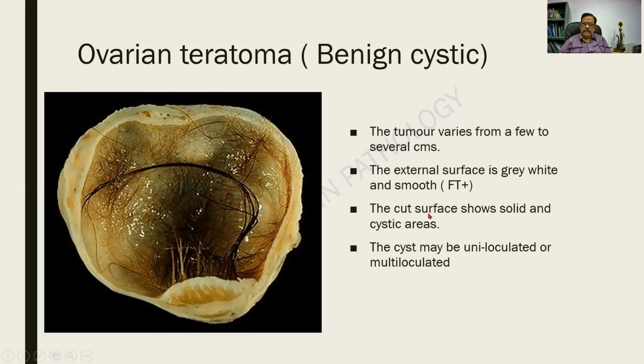The outer surface is smooth and gray white, whereas the cut surface will be showing solid and cystic areas. Look at this particular specimen. It is a large cystic space and then there is a solid protuberance. I am also seeing some tufts of hair projecting into the cystic space. The cyst may be uniloculated or sometimes multiloculated.